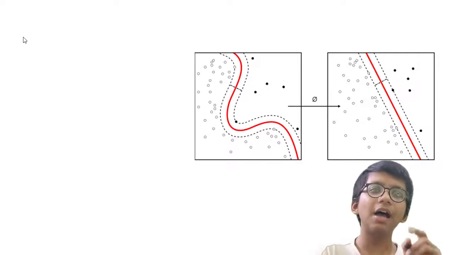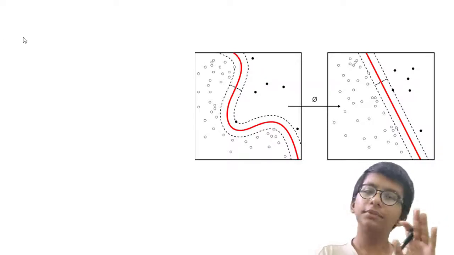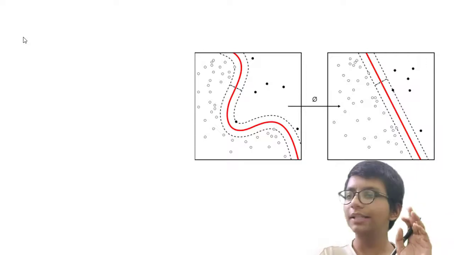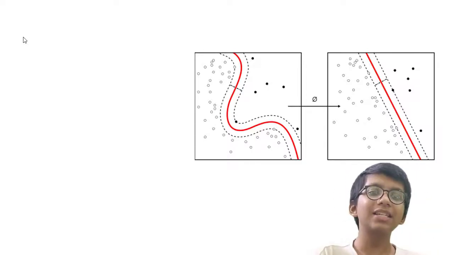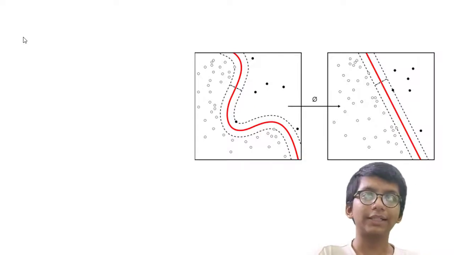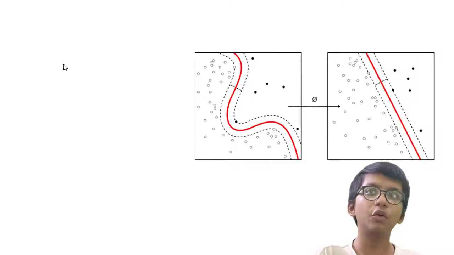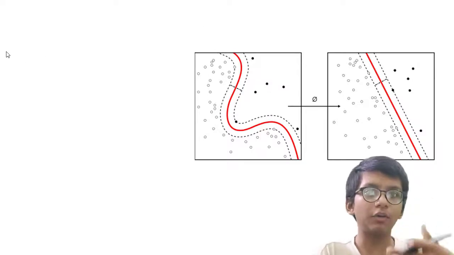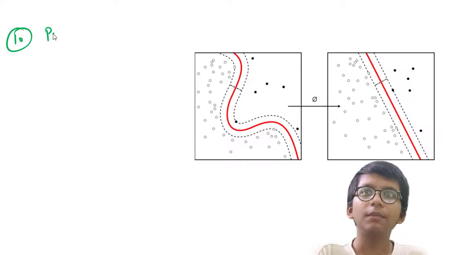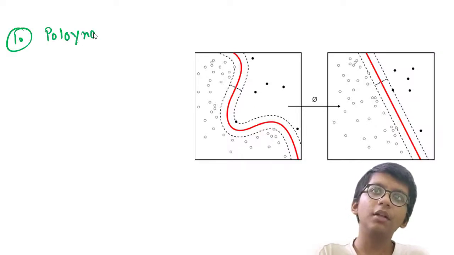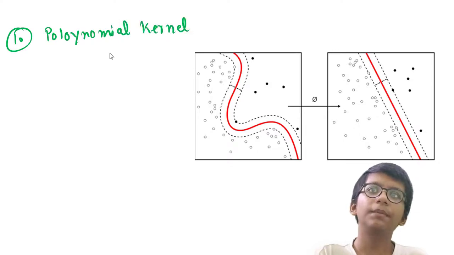There are a lot of kernel tricks, but I will talk about 3 types that we will focus on today. From the equation you will get to know the inner workings of what it is actually doing. The first thing we're going to talk about is the polynomial kernel trick, which is homogeneous.